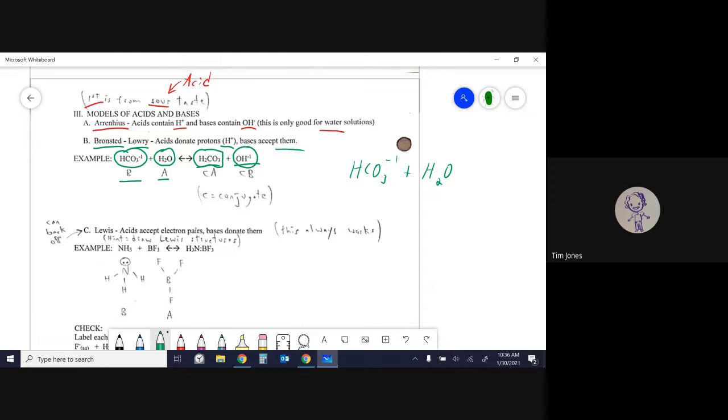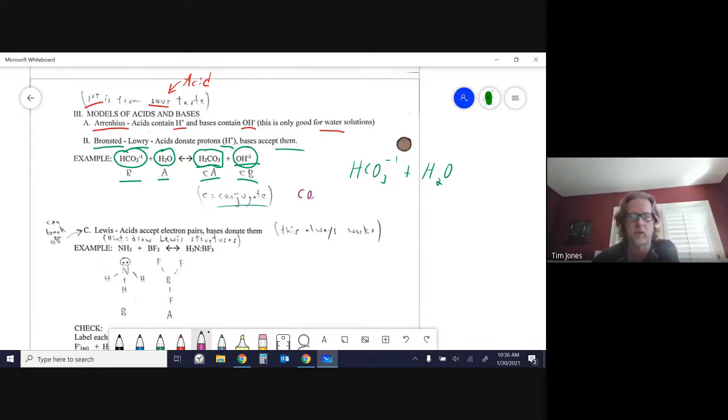Now, if you start out an acid, you become a conjugate base. Think of it as your alter ego. And if you start out as a base, you become a conjugate acid. So you always become the conjugate that is opposite of where you started. Sometimes you'll see it referred to as conjugate acid base pairs.